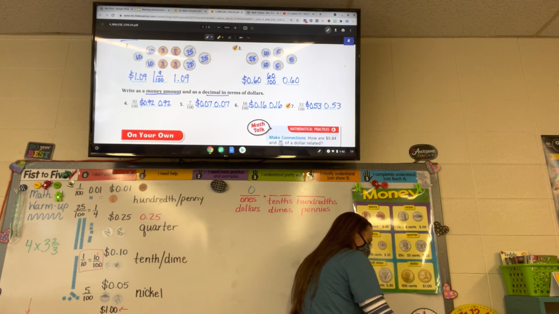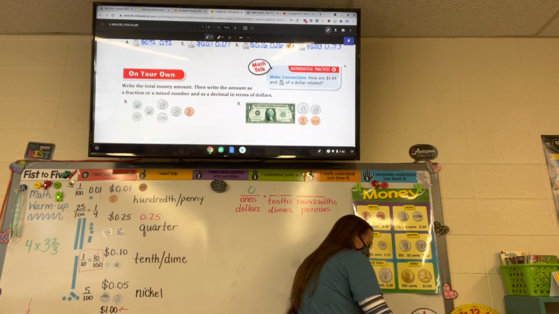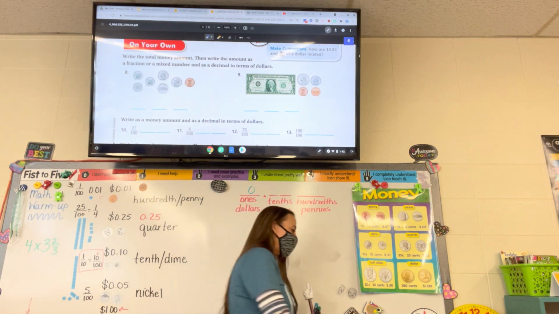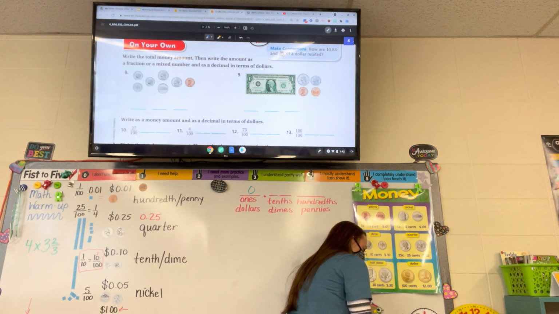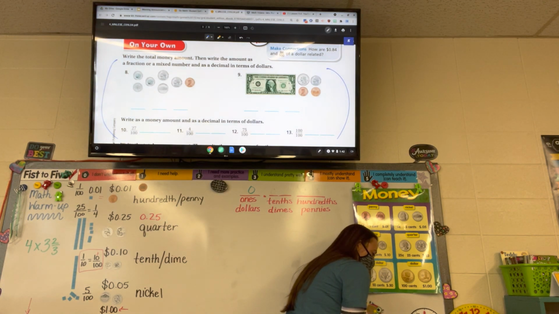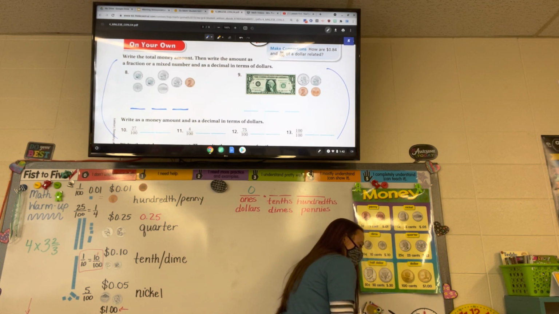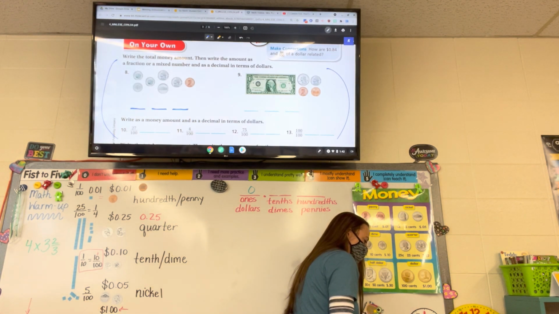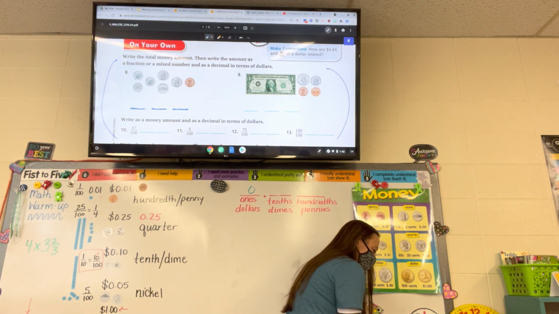Okay, so you guys are going to do 8 through 13 on your own. You need to watch closely the directions. So they've given you 3 spots for answers here. So you're going to count up and give the money amount, then the fraction or mixed number, then the decimal in terms of dollars on number 8 and 9.